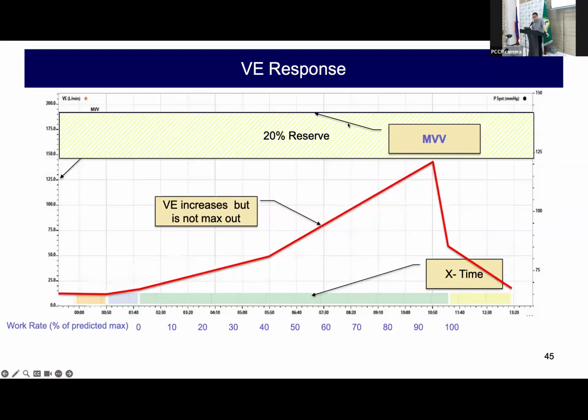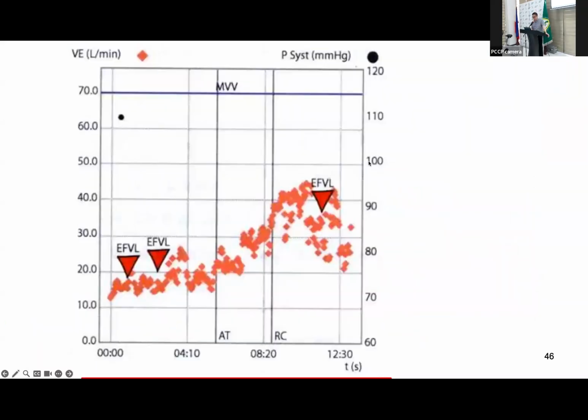So usually there's a 20%, okay, breathing reserve. That's the normal response. We don't max out our respiratory system. Unlike the cardiovascular system, we don't max out our respiratory system when we exercise. We still have 20%. Okay? Yung mga elite athletes lang ang nakaka-max out ng respiratory system nila.